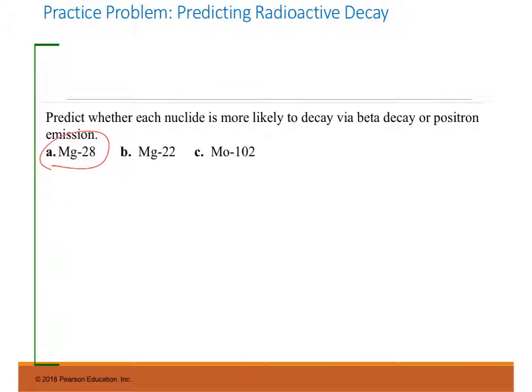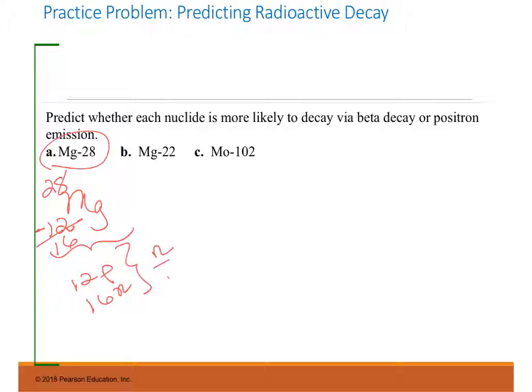So we're talking about magnesium 28, okay? Mass number is 28. If you look at the periodic table, magnesium has atomic number of 12. And so how many protons? We have 12 protons, okay? And we have 16 neutrons, okay?